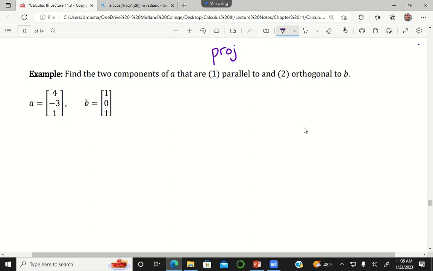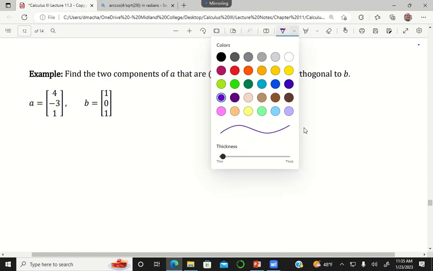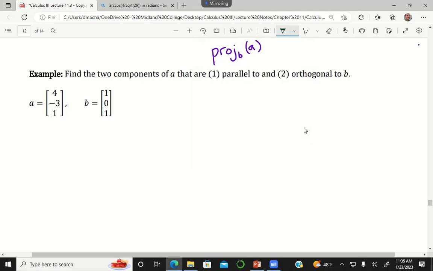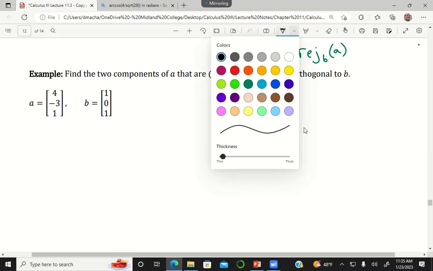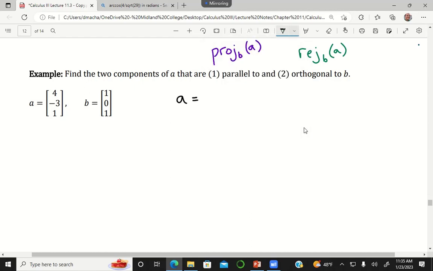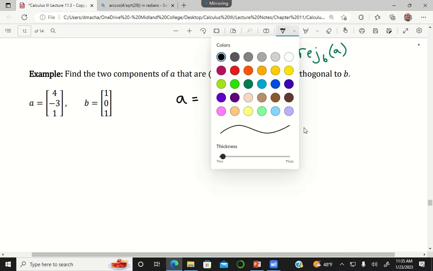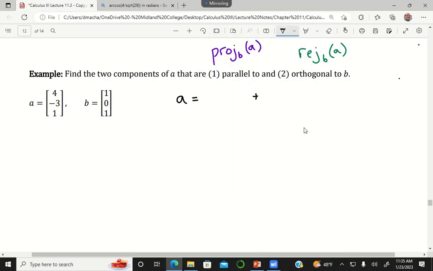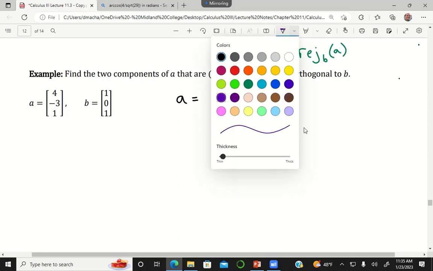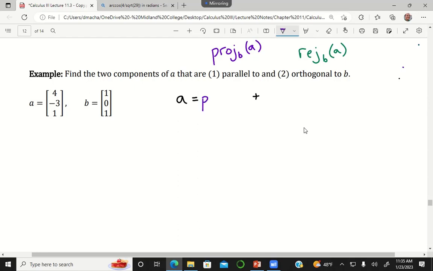So I'm looking for the projection of A onto B. And whenever we're talking about the orthogonal component, that's going to be the rejection of A from B. So eventually we're going to want to write our A vector as this projection plus the rejection. Sorry, I know I'm changing colors a lot.